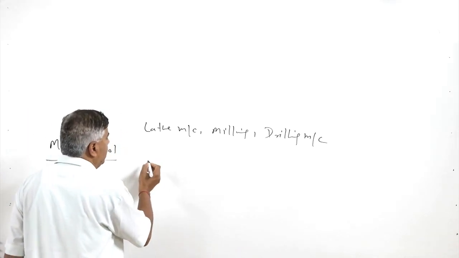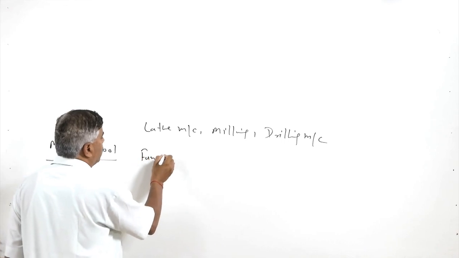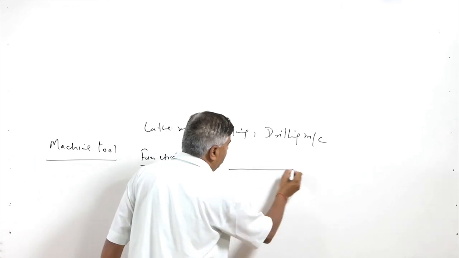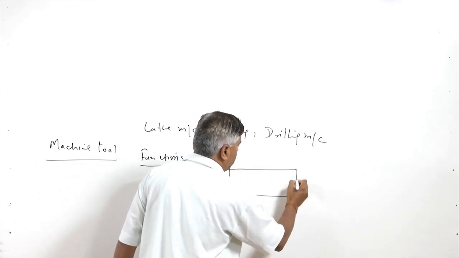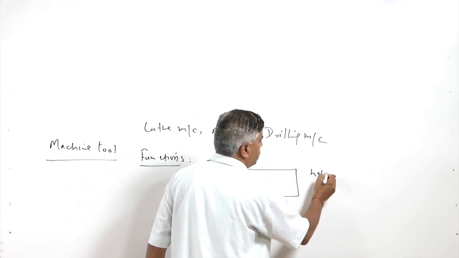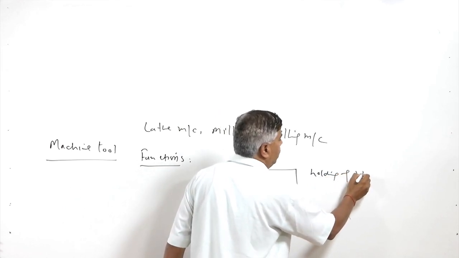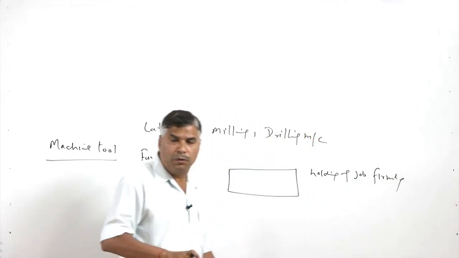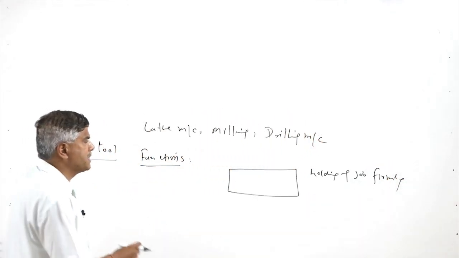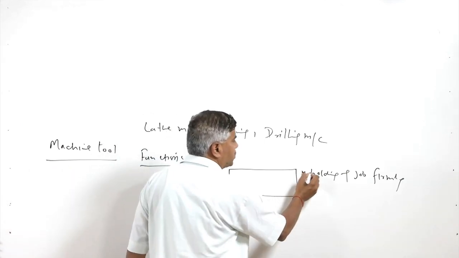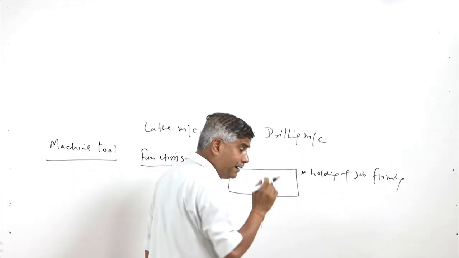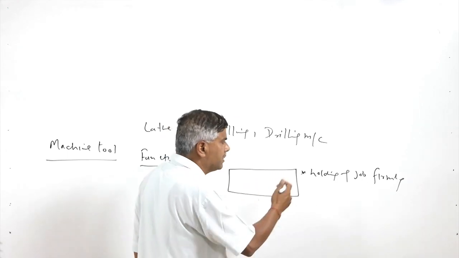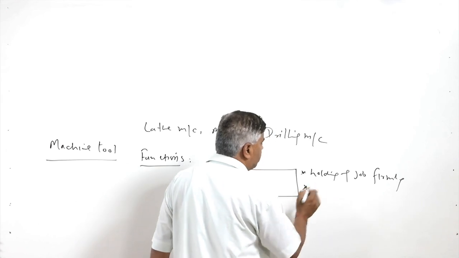The functions performed by any machine tool include, first, holding the job or the workpiece firmly in a particular position, so that it is secured and able to withstand the cutting forces during machining without getting disturbed from its position.